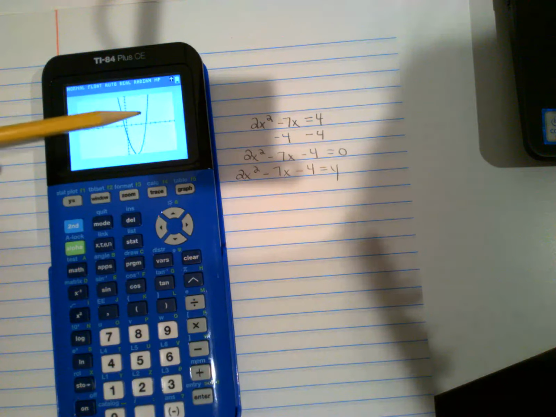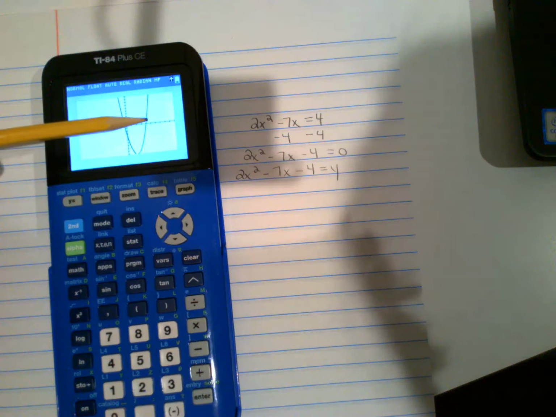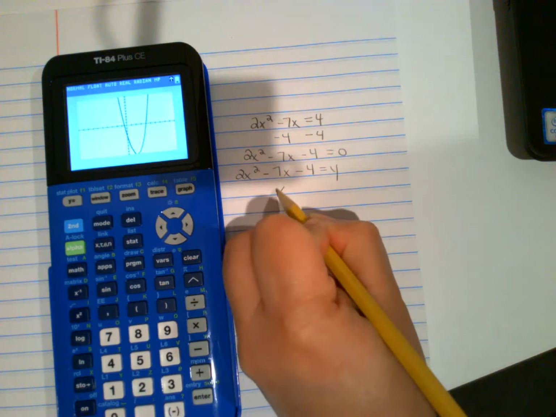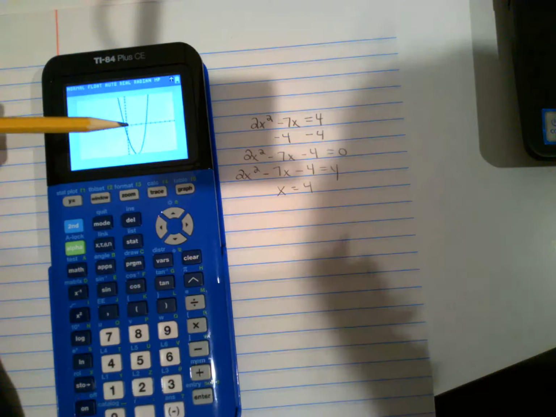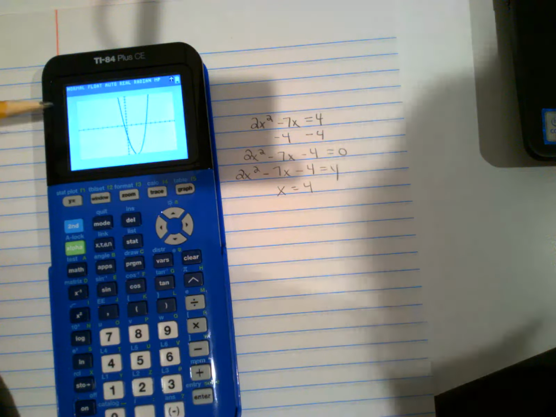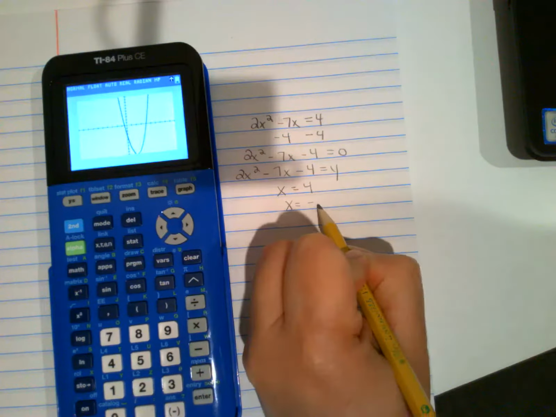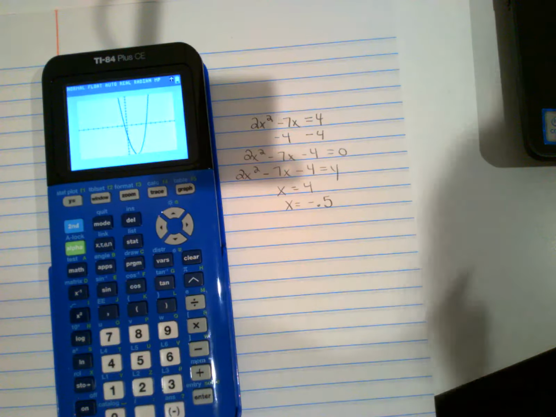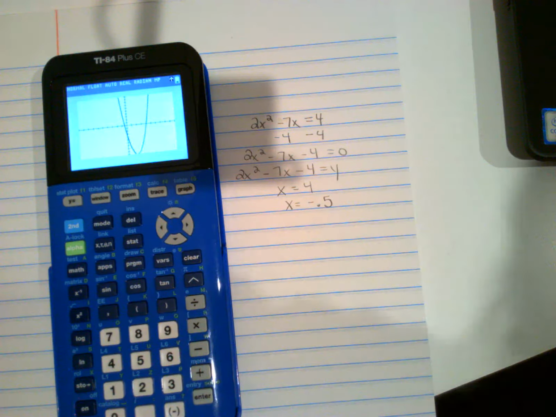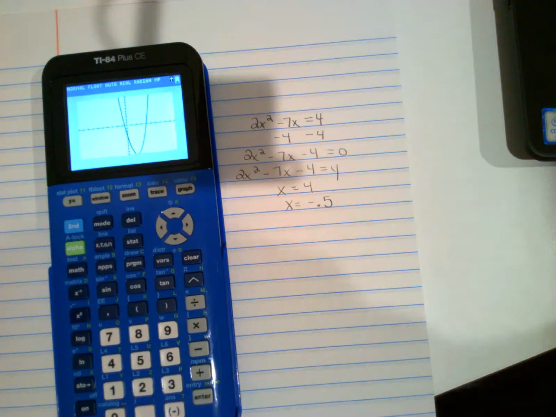I see the first side of the parabola is crossing over at 1, 2, 3, x equals 4. So I'm going to put that there. For the other one, it looks like it's halfway between 0 and -1, so I'm going to say x equals -5/10. When you're looking at a graph, it's really an estimation of the answer, not always exact, because our graphs aren't always going to cross over perfect numbers.